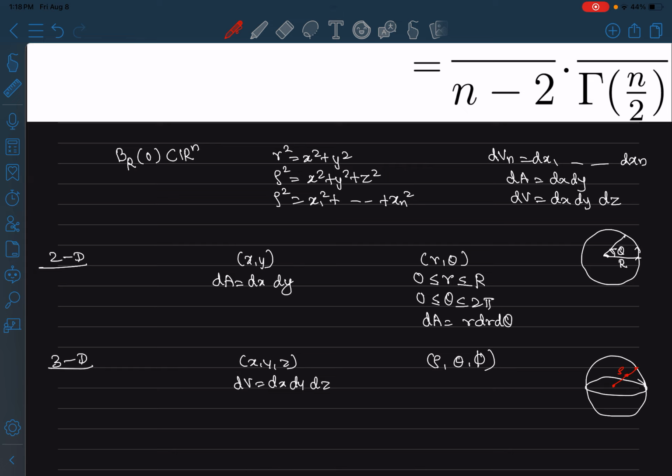And theta is, let's say, the projection of this line is over here. So the angle made from the x-axis is the angle theta, right? And the angle made from the z-axis is the angle phi. So after we project the line, the angle we have from the x-axis is theta, and the angle from the z-axis is phi.